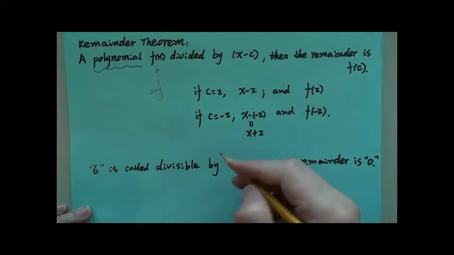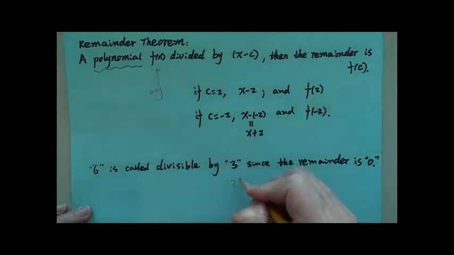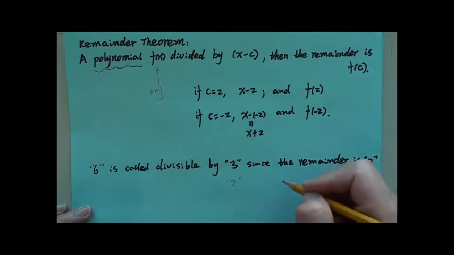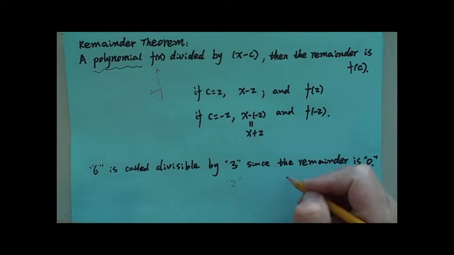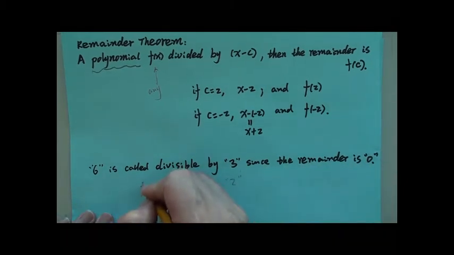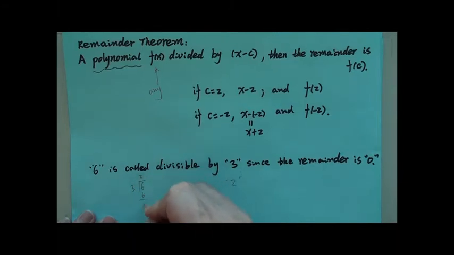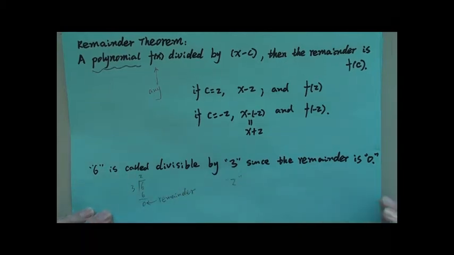Of course, if you want to put 2 here, it's fine. 6 is also called divisible by 2 since the remainder is 0. What's the meaning of that? Recall 6 divided by 3, you put 2 here. So here the remainder is 0.